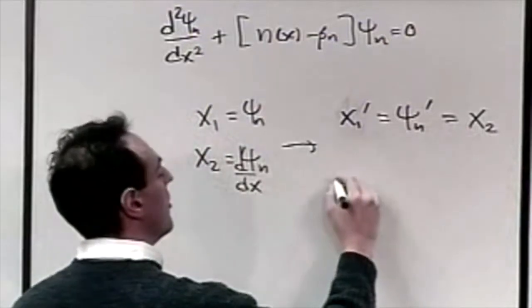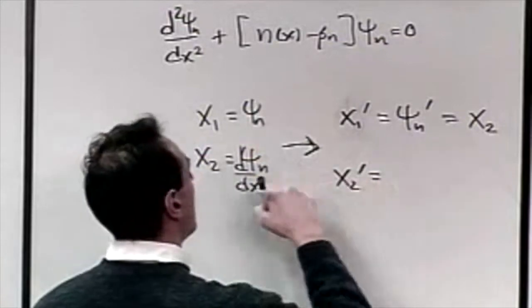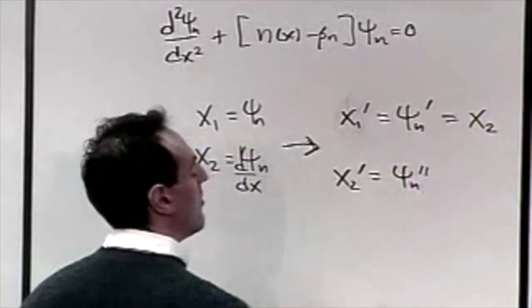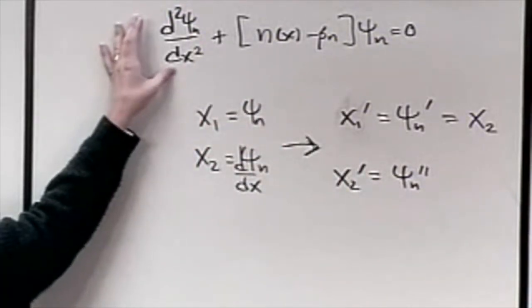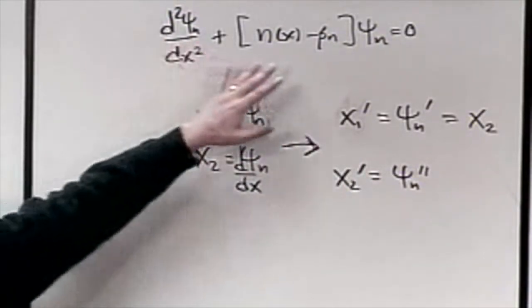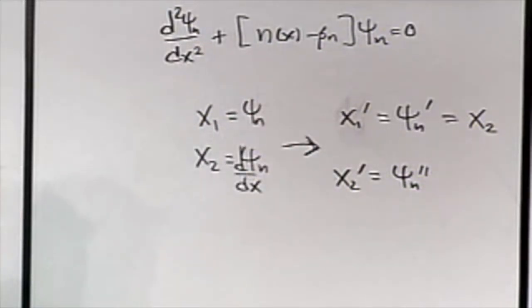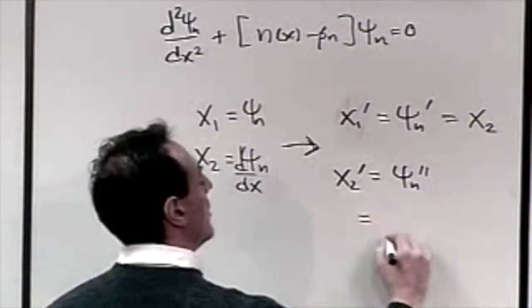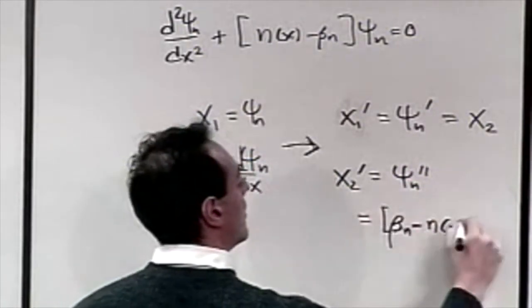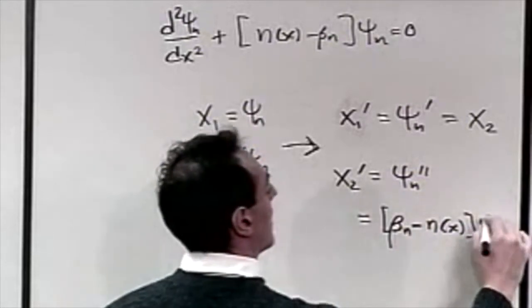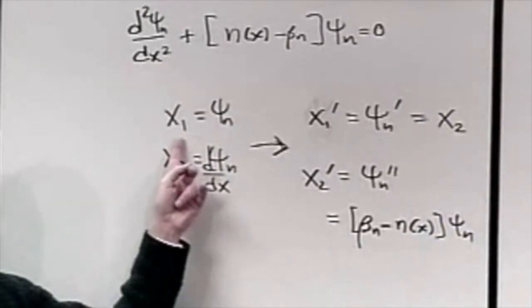And in here, take the derivative of both sides. x2 prime is equal to psi n double prime. What's psi n double prime? Well, it's given right here. Psi n double prime is the minus of this. So that is equal to beta n minus n of x, times psi n. What's psi n, though? It's x1.